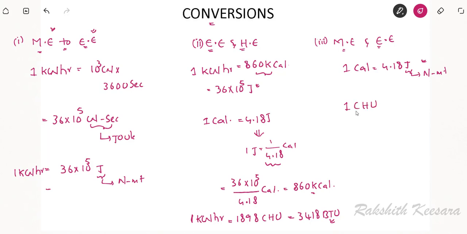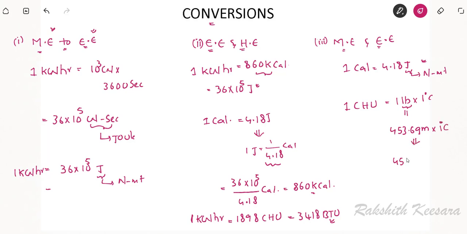Next, 1 CHU, that is Celsius heat unit, is equal to 1 lb into 1 degree Celsius. This is called Libra, which is 1 pound. 1 pound is equal to 453.6 grams into 1 degree Celsius.